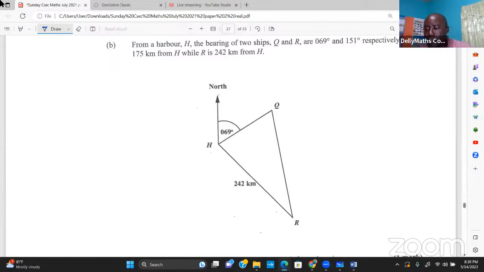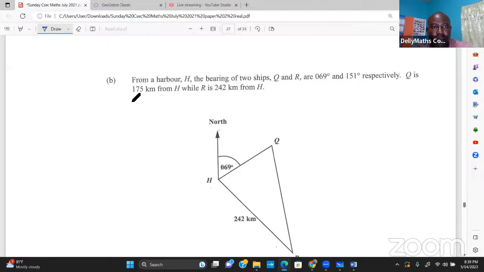Now, the B part, heading there, we have 1.5 questions to go. Come on, stay with me. From a harbor H, the bearings of two ships, Q and R, are 175 and 242 respectively.